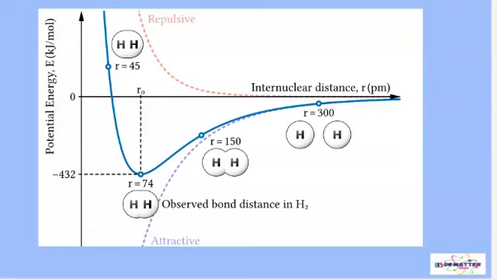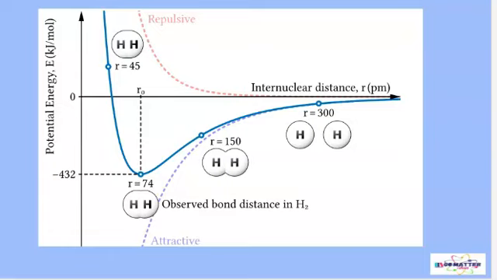As the hydrogen atoms approach each other, the attraction forces between the oppositely charged nuclei and electrons, and the repulsive forces between the like-charged two nuclei and the like-charged two electrons, start to play their role.